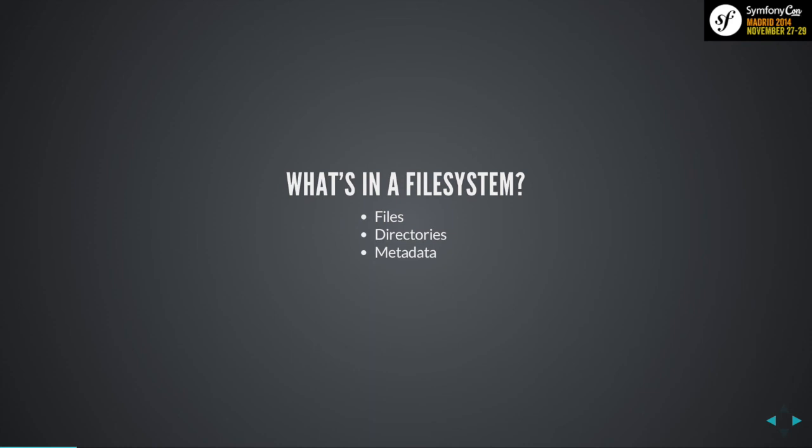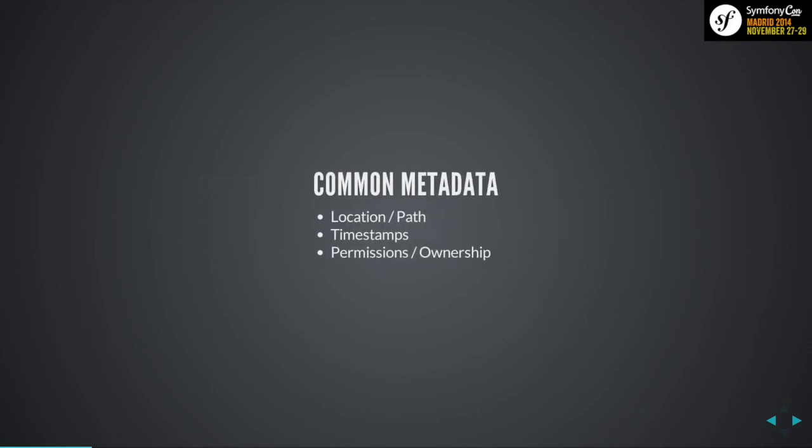Of course, we have files. We're talking about file systems here, but we also have directories and we have metadata. Metadata is things like modified time, the file size, or the MIME type of the file. If we look at what's common in these metadata sections, a couple are applicable to both directories and files, and that's things like locations and paths.